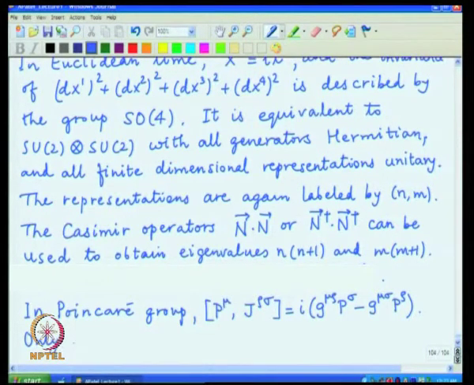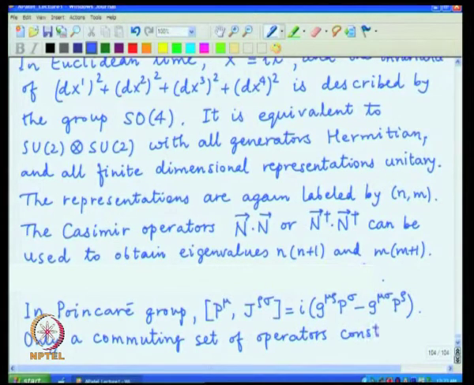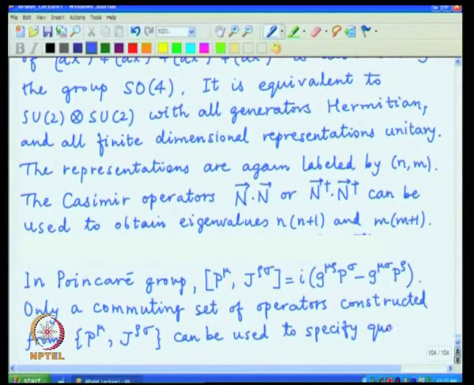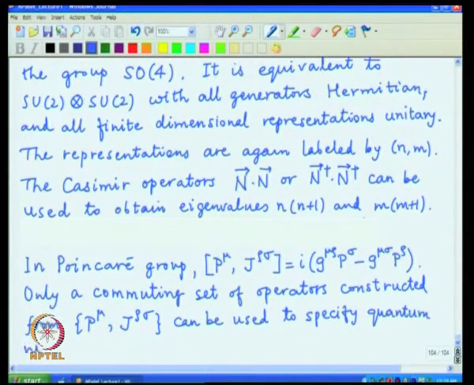Only a commuting set of operators constructed from P mu and J rho sigma can be used to specify quantum numbers of physical states.